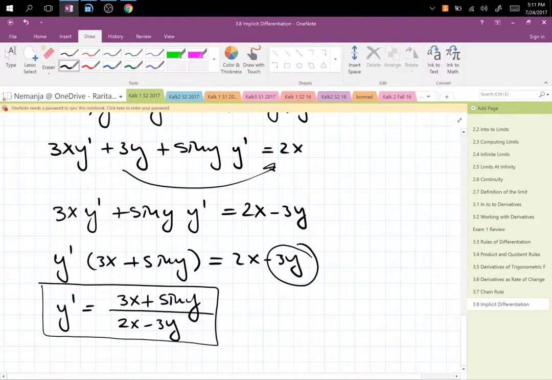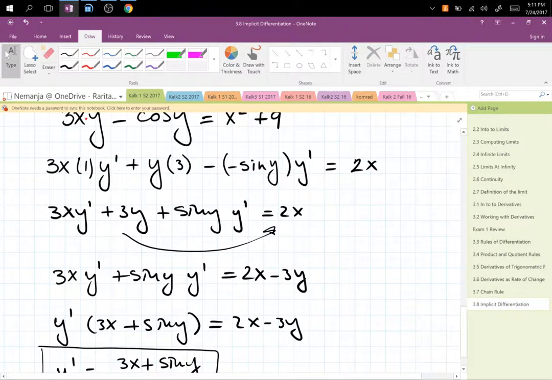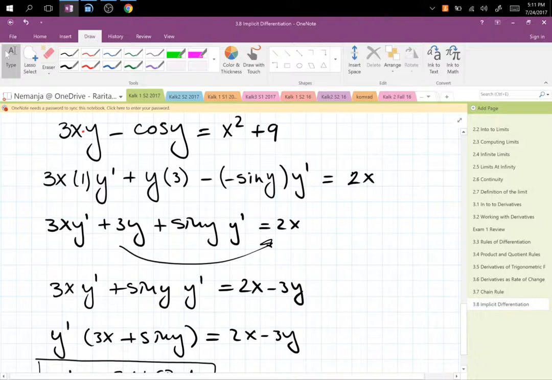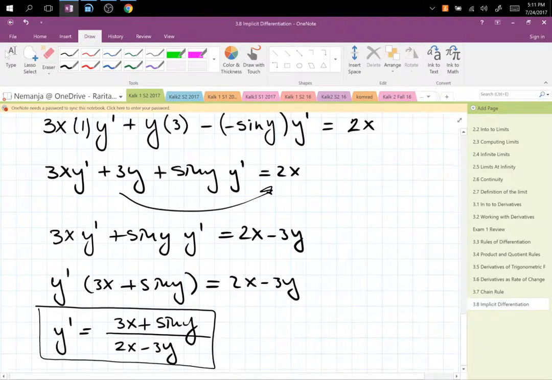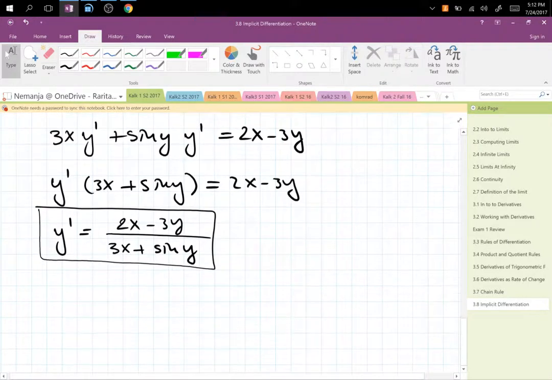Right here. This 3y came from this 3y, which came from this 3y. Your answer. Why is 3x plus sine y on top? Oh yeah, they flip.